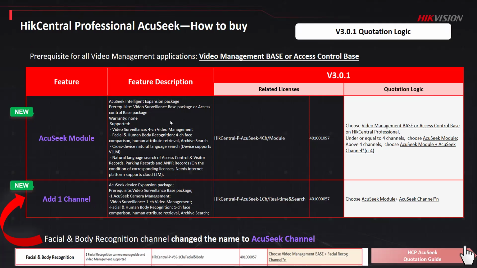Unfortunately, if you just want to do face capture, you still need to buy the HikSeek module. You cannot use face capture without the HikSeek module. Okay, so that's one unfortunate thing. We are in discussion with HQ to separate the module from HikSeek, hopefully to be updated by next year.